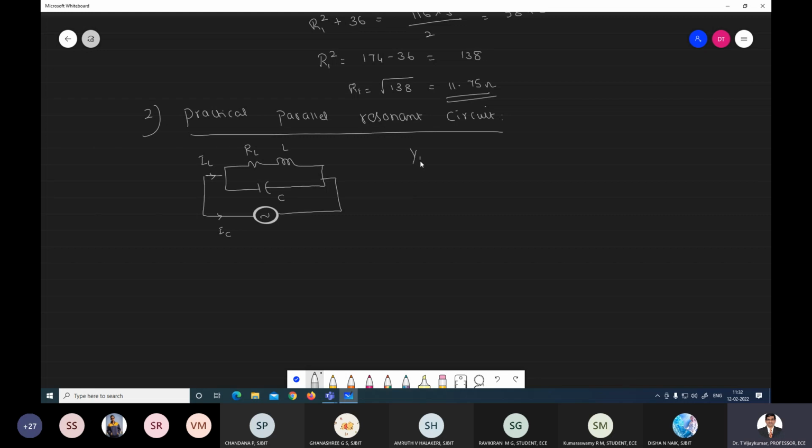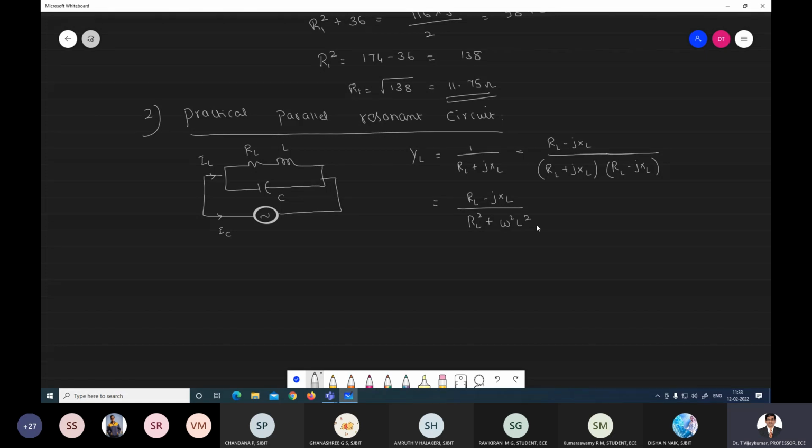Here the admittance of that branch YL is given by 1 by RL plus JXL. You can rationalize this term: RL minus JXL divided by RL plus JXL into RL minus JXL. So this is nothing but RL minus JXL divided by RL square plus omega square L square.